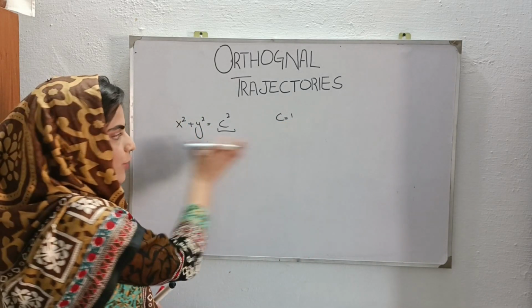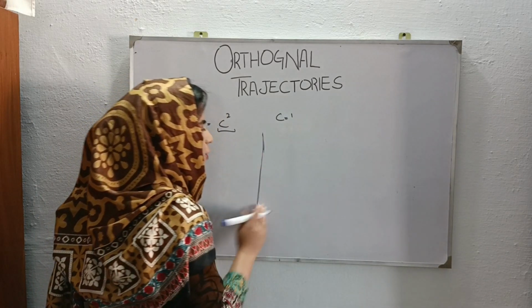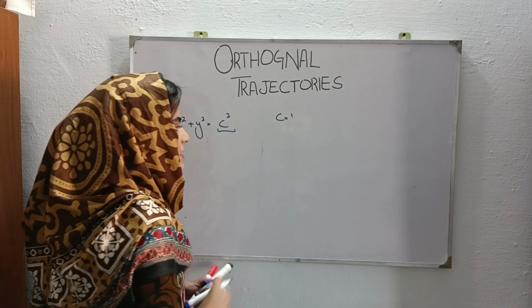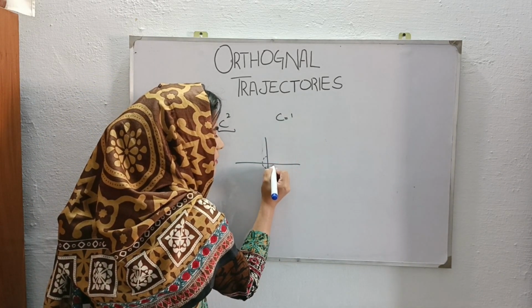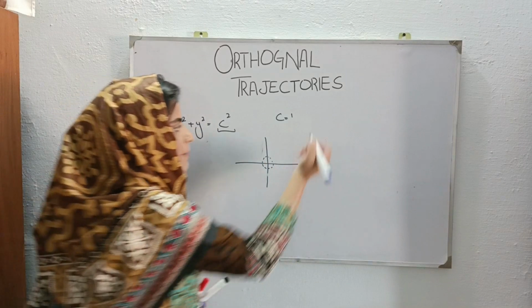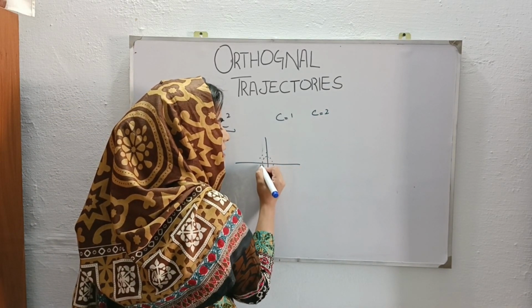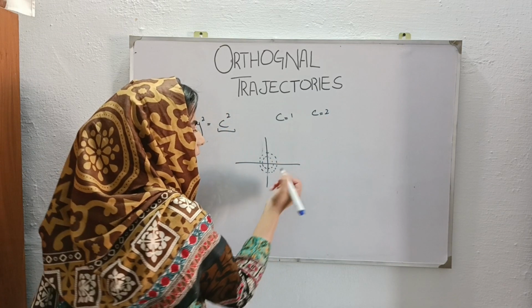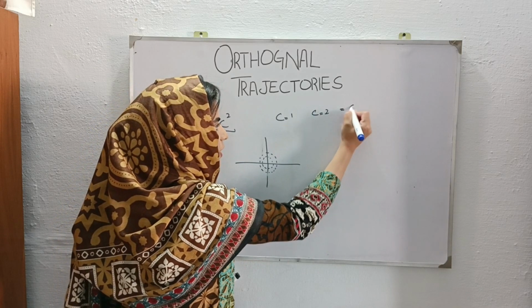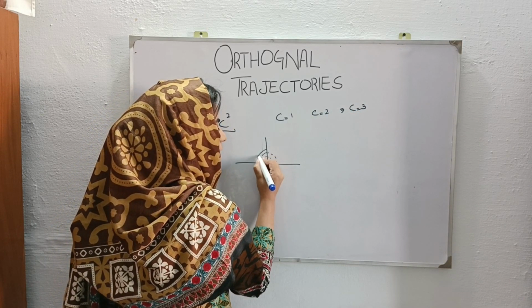Basically, this is the equation of a circle, so I will get a circle of radius 1. But if I put c equal to 2, I will get a circle of radius 2. And if I put c equals 3, I will get a circle of radius 3.